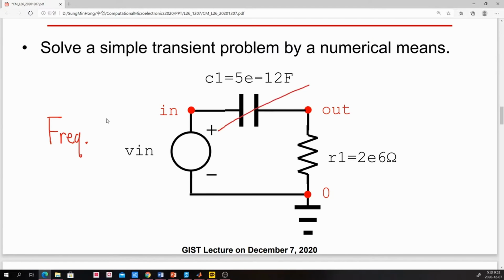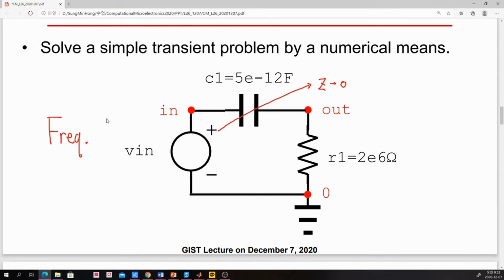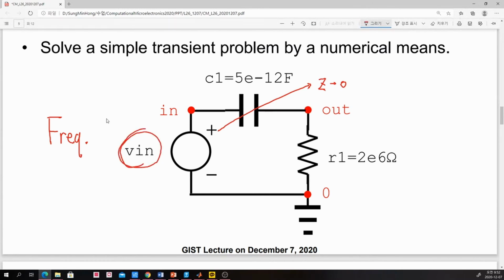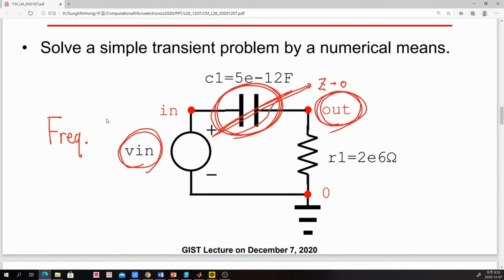Its impedance nearly becomes almost zero. So what you will get is that your applied voltage will be almost exactly copied to this output node, because this one has such a small impedance.